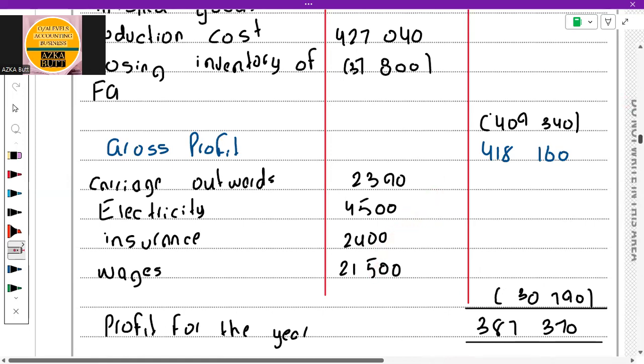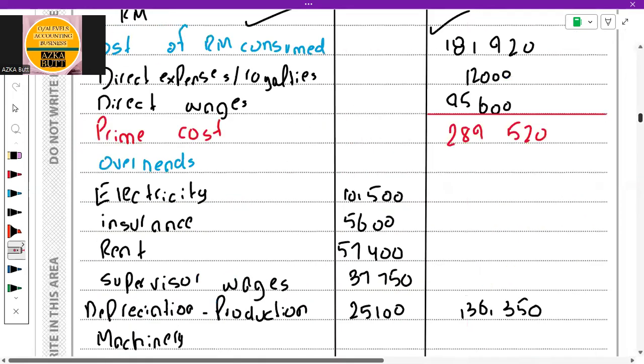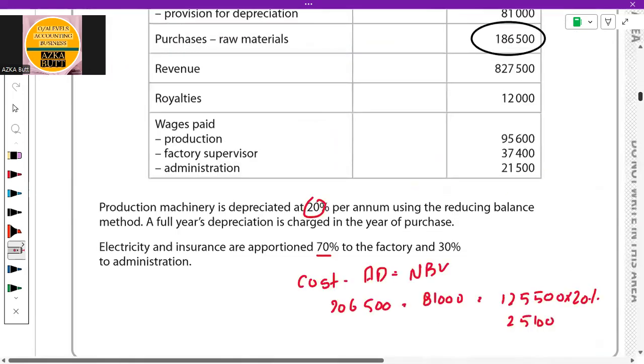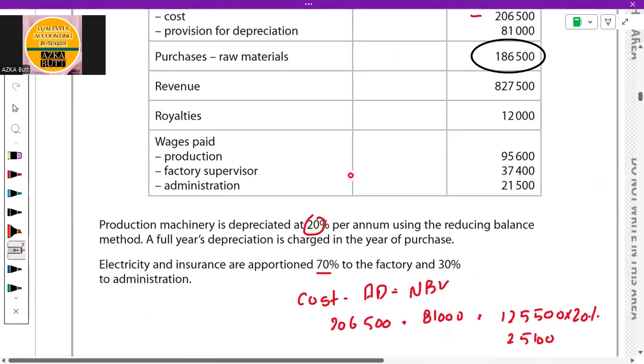Now, wages paid to production and factory supervisors we already recorded in the manufacturing account. But there are some wages which we pay to administration, and all expenses related to administration we have to record in the expenses of the income statement, not in the manufacturing account.